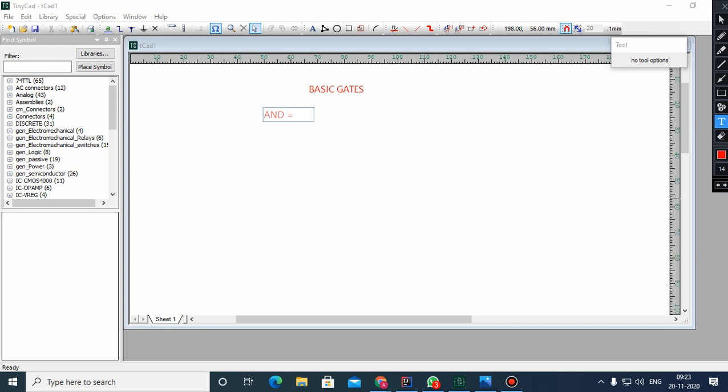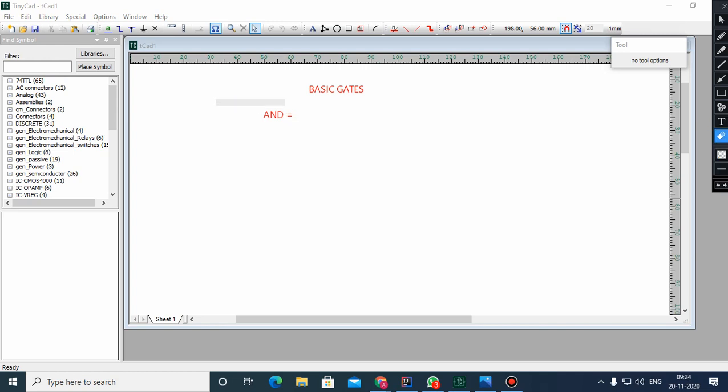What is AND? Tell me, Kaustubh. You know the truth table also, got it? And you know the symbol also, right? So I'm not going to explain this. Now one more thing is the OR gate.